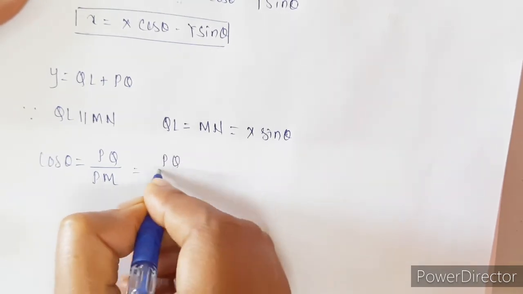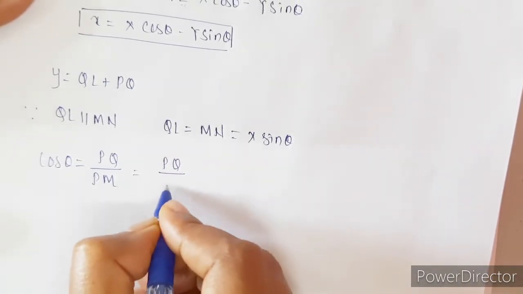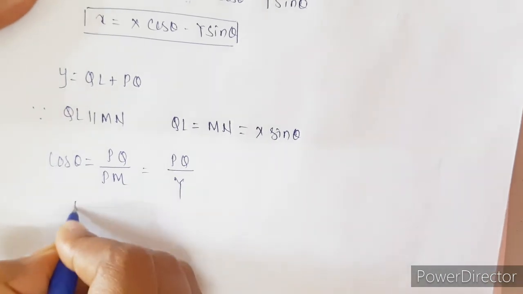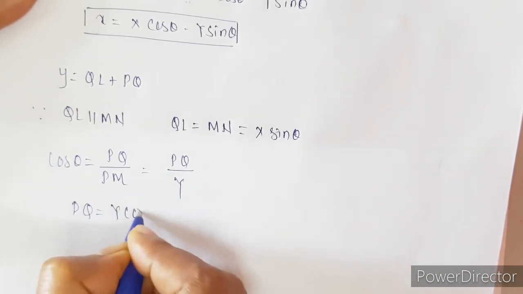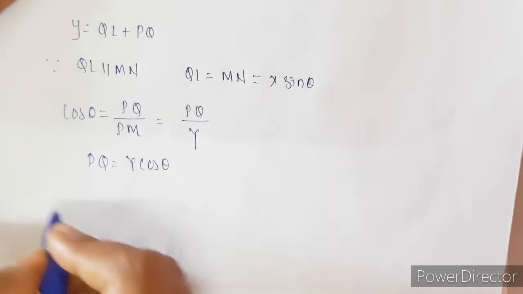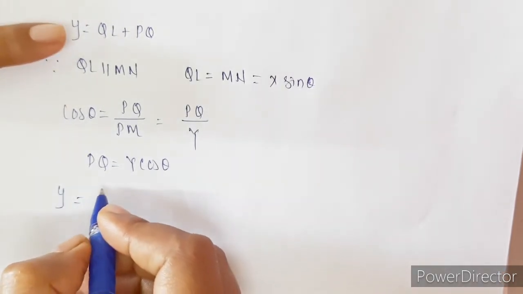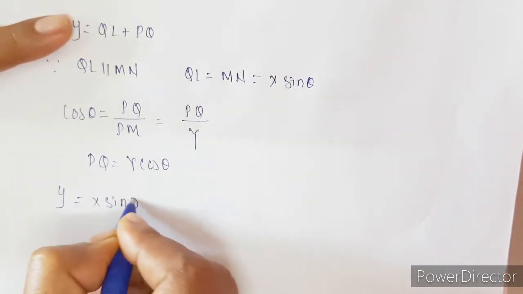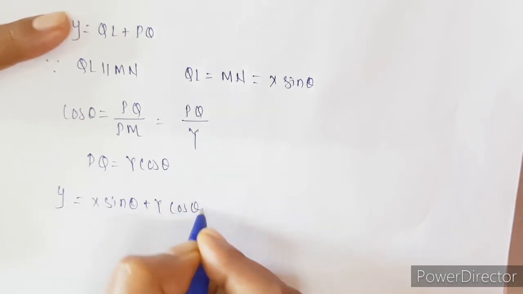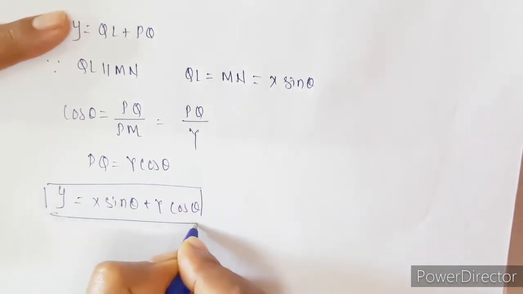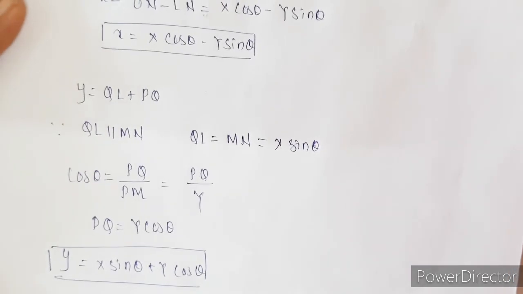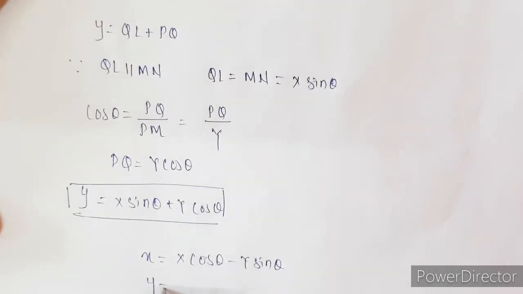Now we have to find PQ, and the hypotenuse is nothing but capital Y. So we can write PQ as Y cos theta. So we can write y as X sin theta plus Y cos theta. So small x is X cos theta minus Y sin theta, and small y is X sin theta plus Y cos theta.